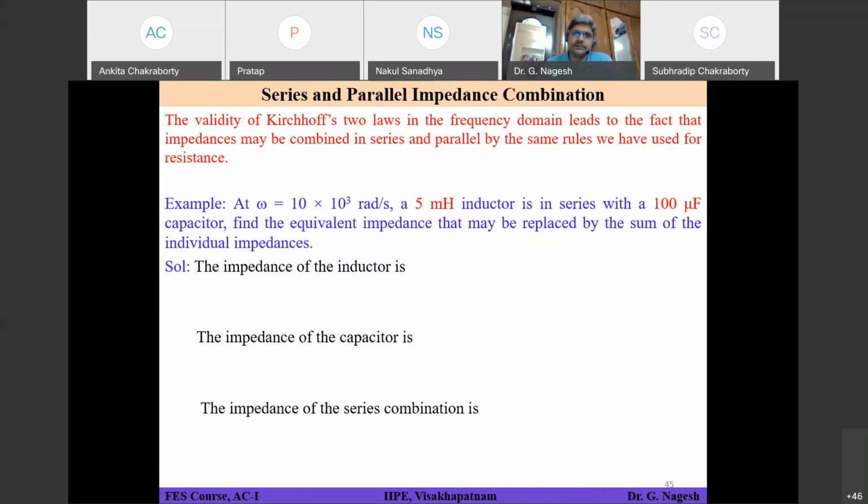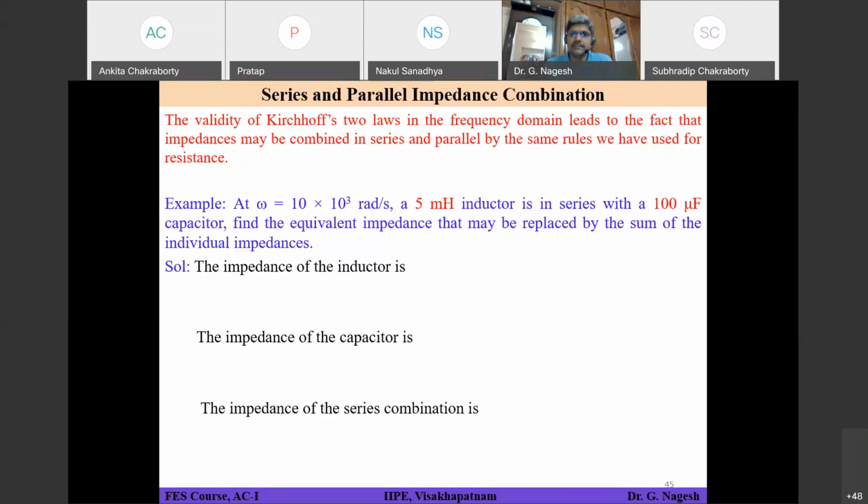We will straight away go and see one example of how to calculate inductive reactance or capacitive reactance and find out the total impedance. Here one example was given: omega is equal to 10 into 10 power 3 radians per second. A 5 millihenry inductor is in series with a 100 microfarad capacitor.